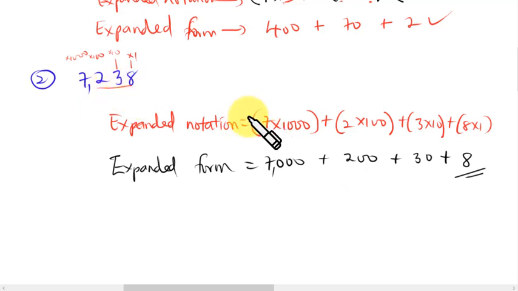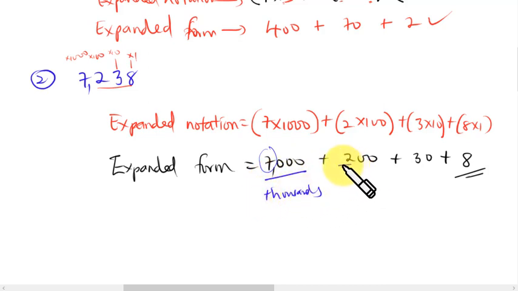So you can see that the expanded form gives us the ability to write a number so that we can identify the place value of the individual digits without necessarily using the place value charts that we did in the first lesson. So by looking at just the digit 7, you can see that it belongs to the thousands because we have 7,000 here.